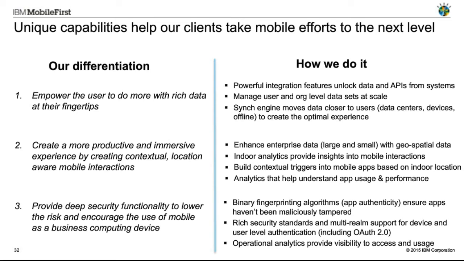This is everything from getting them the ability to do rich data from their applications, meaning that I can get more to the device, get it from the device, and do it intelligently. It also is around that mix of more productivity and better experience. And then third is really around taking out the risk.